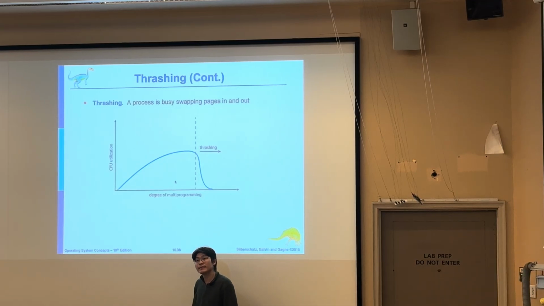Yes. Could it be the rate of page faults? The rate of page faults, exactly. Page fault rate, or you can also monitor I/O. If your CPU utilization is very low, but your disk I/O is saturated, then you might be in thrashing.